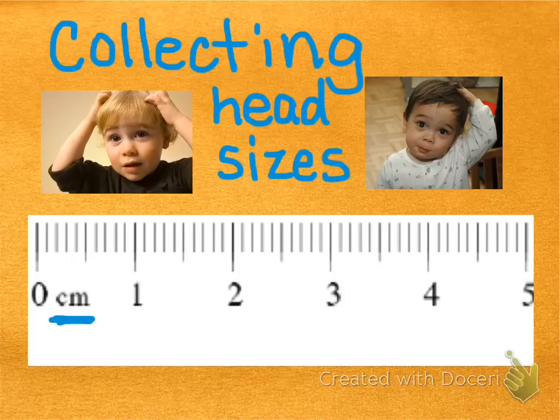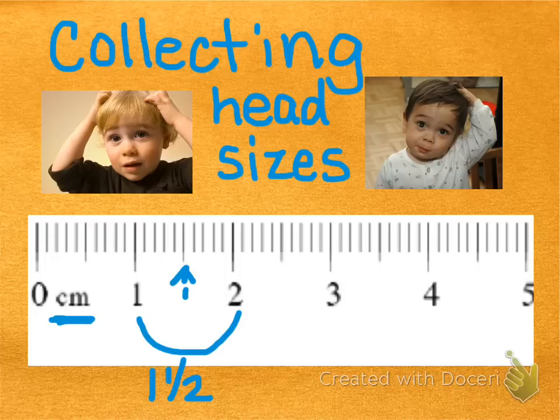So if you are measuring and you are between two numbers, so let's say that you're between the 1 and 2, right here is the halfway point. So if I were to measure something that was halfway between two whole numbers, of course I'm going to write that as 1 and 1/2, because it's between 1 and 2.